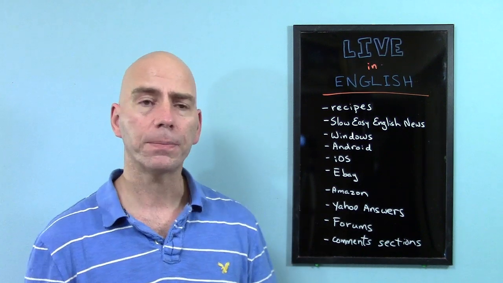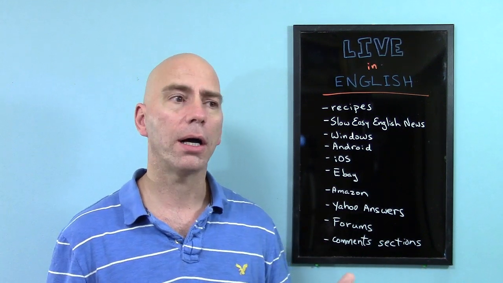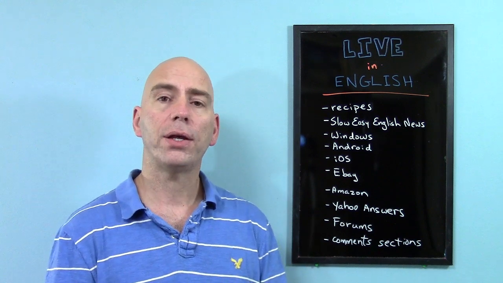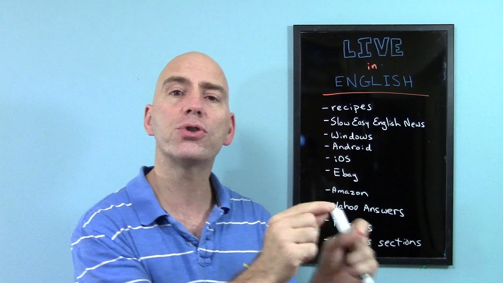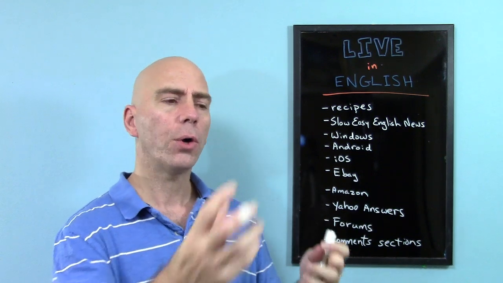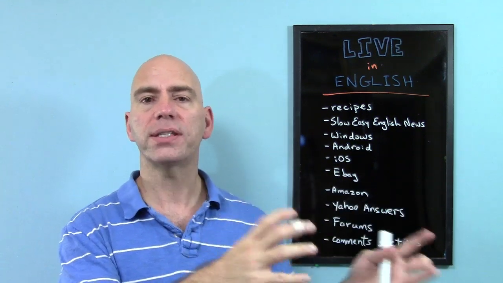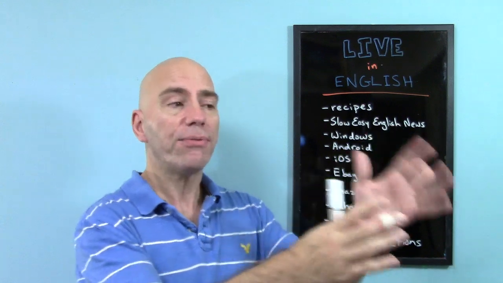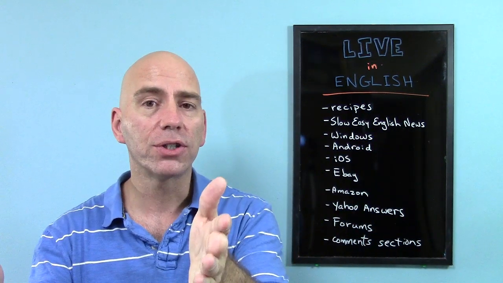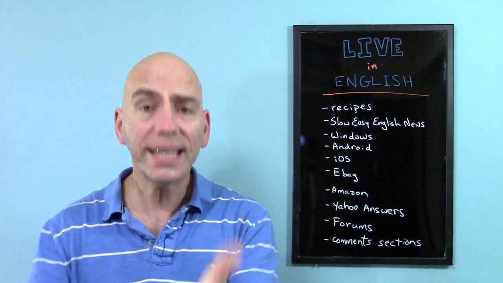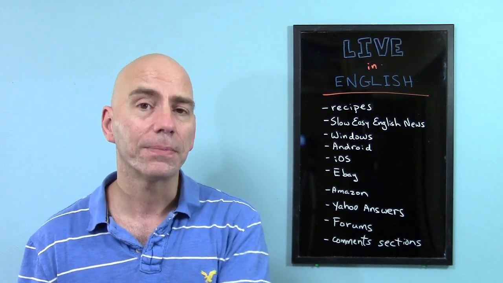So for example, if you're watching a movie, then it should be a movie that you're interested in the story. You want to know what the characters are saying to each other. If this story was in your own native language, you would still want to see it.